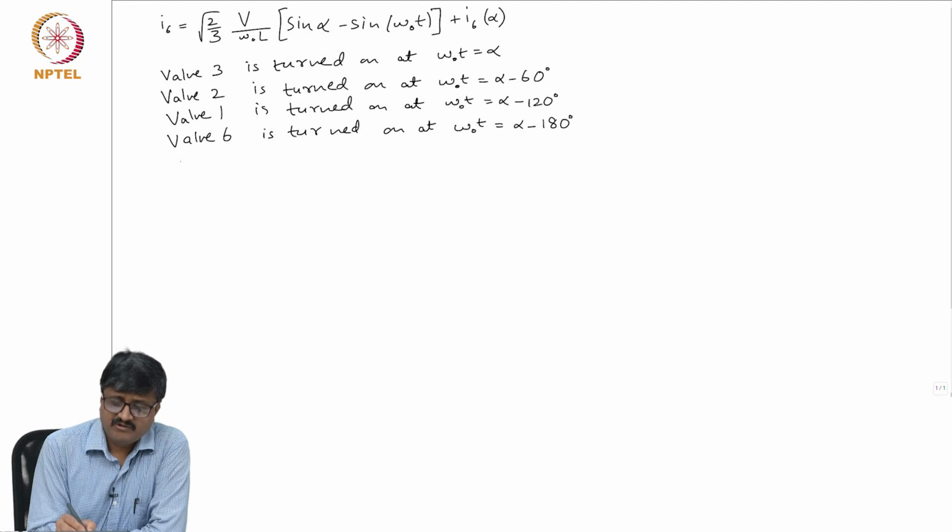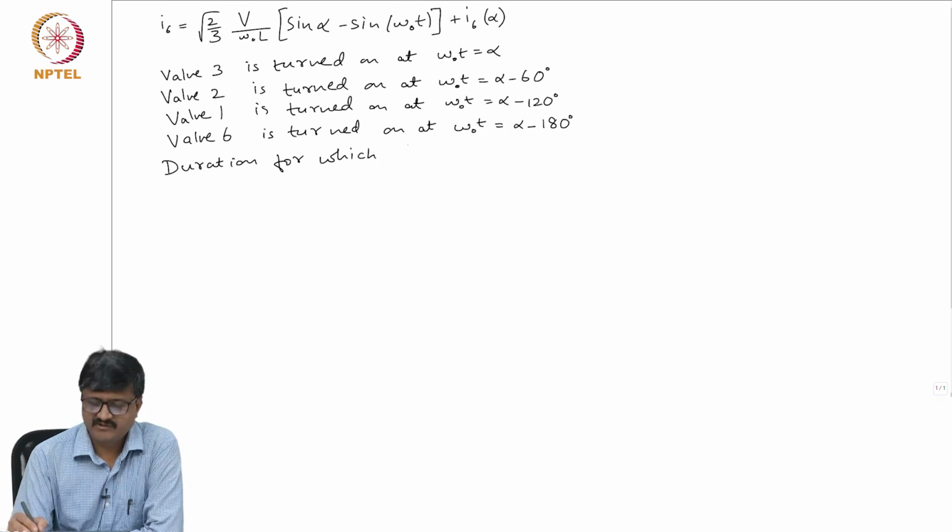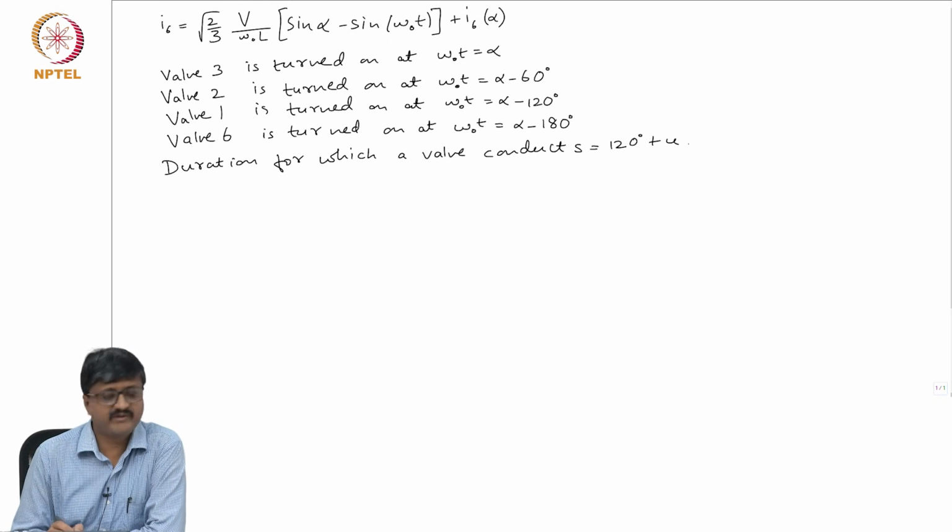Now, what is the duration for which a valve conducts? All valves conduct for the same duration. So, the duration is in angle. What is the duration? 120 degrees plus u.